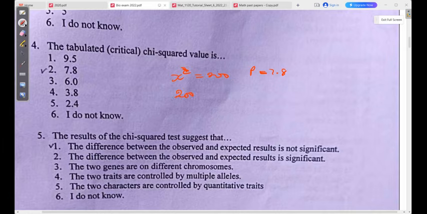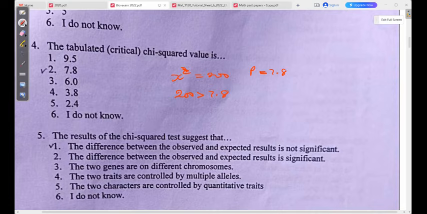So 200 is greater than 7.8. The results are going to be rejected. They do not fall within the expected Mendelian ratios, and there is a significant difference between the observed and expected values because chi-square is greater than the p-value. So these are some of the conclusions that we can make based on these values which we have.